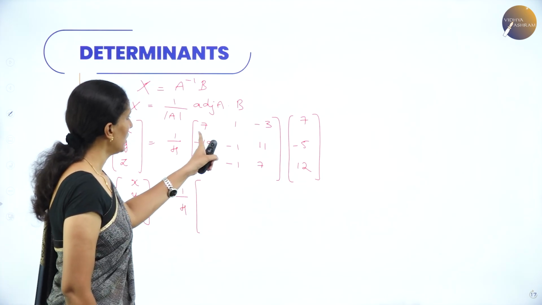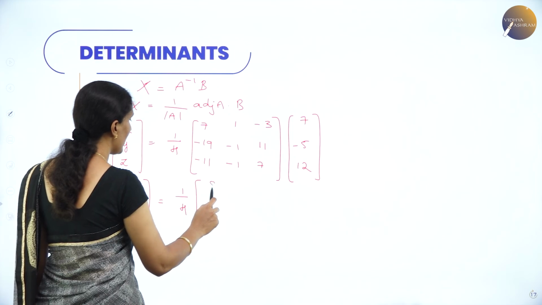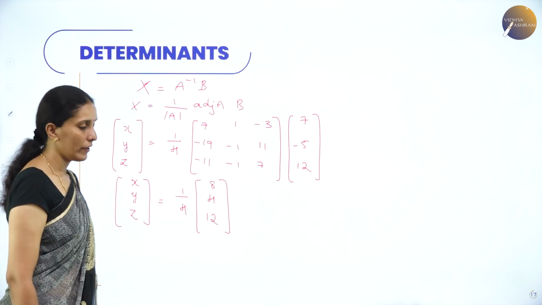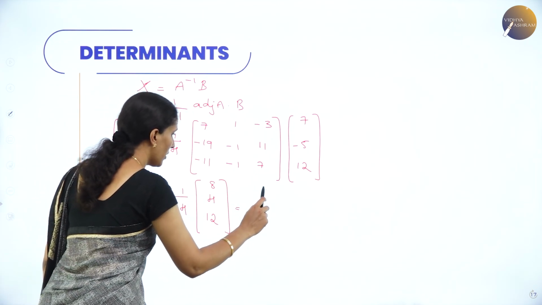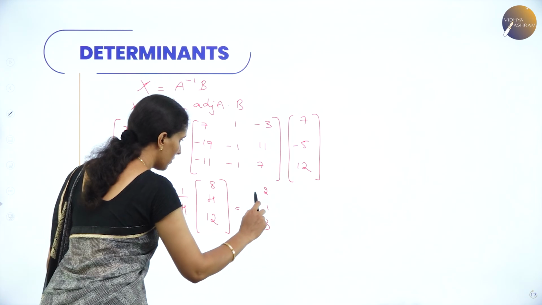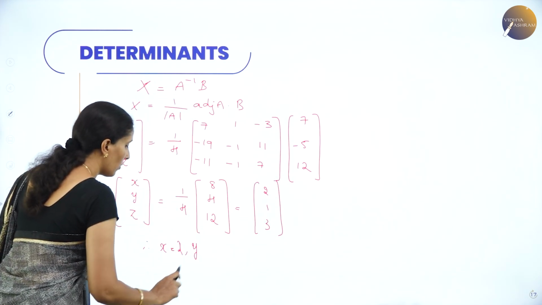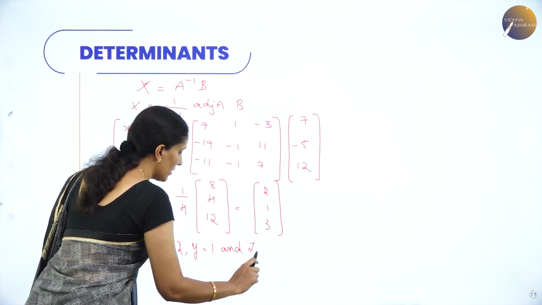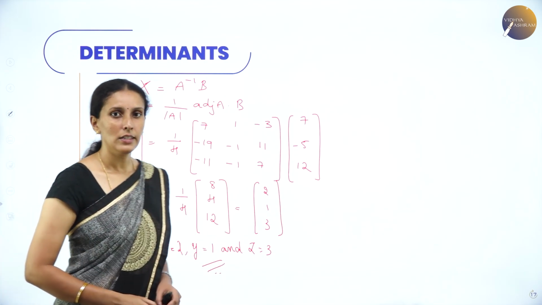Multiplying and solving this, we get the matrix as 8, 4, 12. After solving this, then divide each element by 4, we get 2, 1, 3. So, therefore, clearly X is equal to 2, Y is equal to 1 and Z is equal to 3. So, this is the solution.